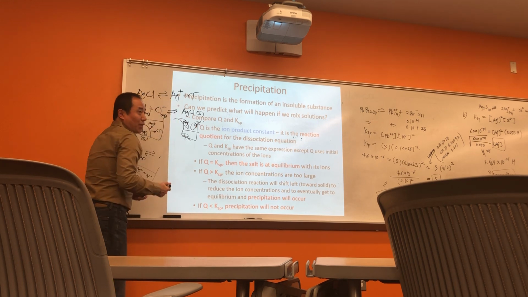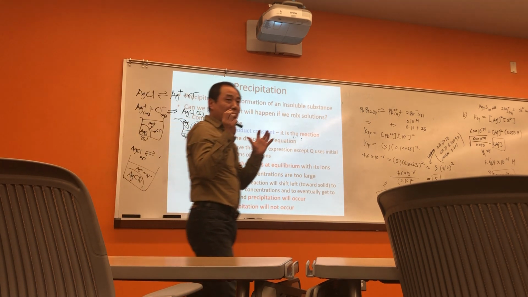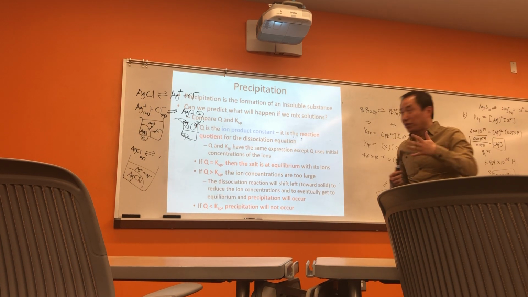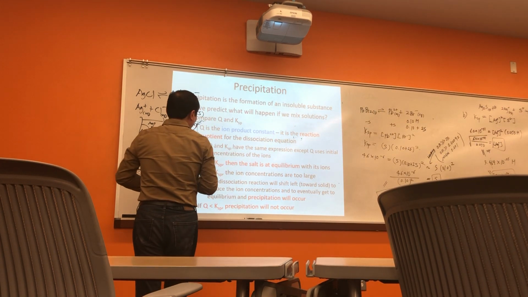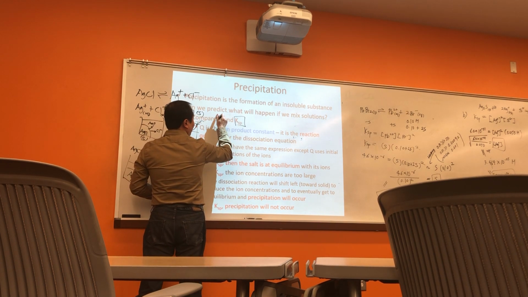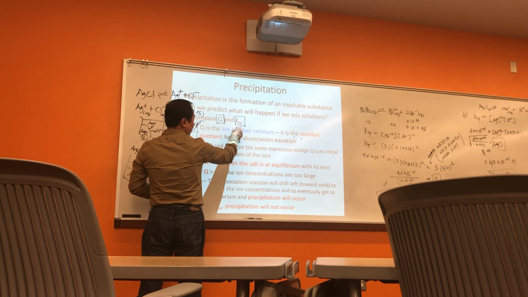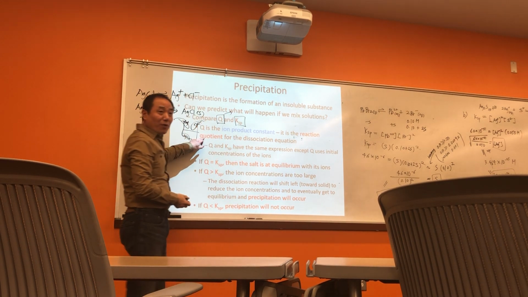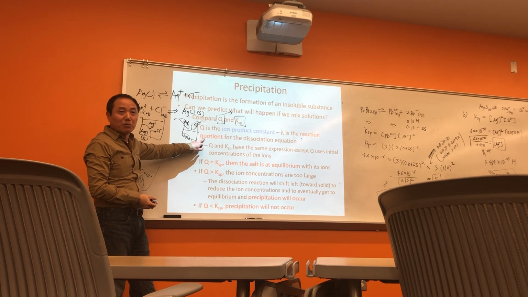Now we're gonna have to decide, when you mix two solutions, whether that will form precipitate or not. We approach it quantitatively. You compare KSP against, no, actually Q against KSP. Q is what we call reaction quotient. You have learned this one in General Chemistry 1.